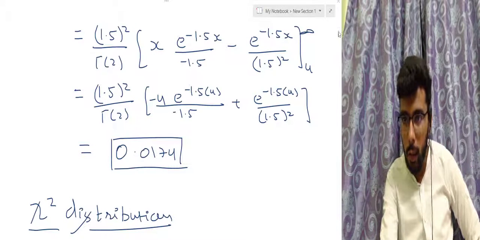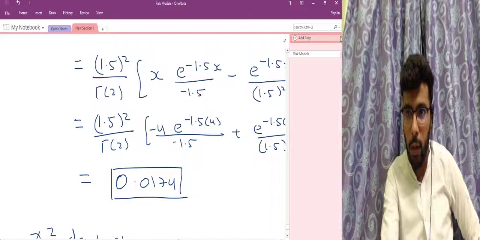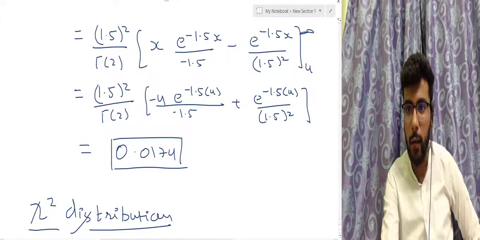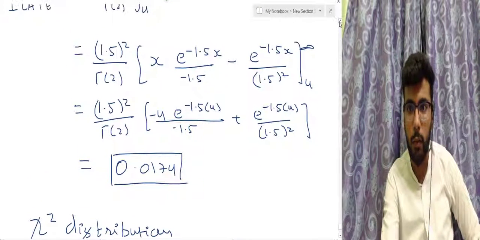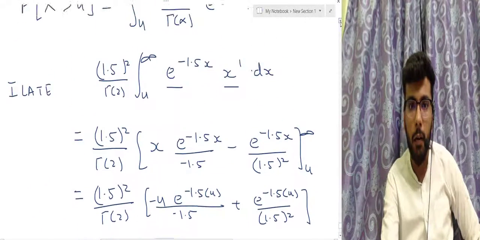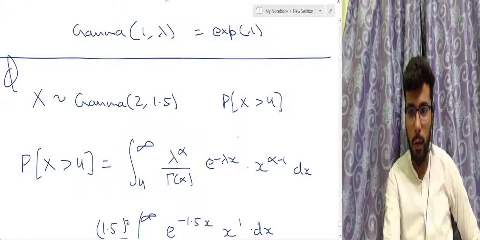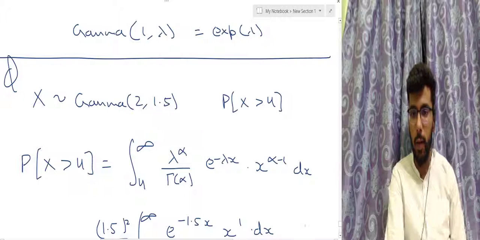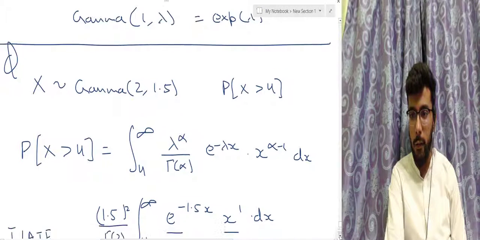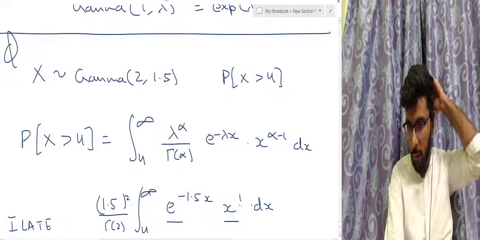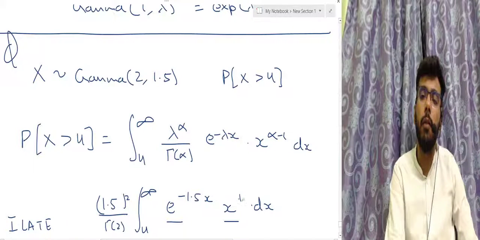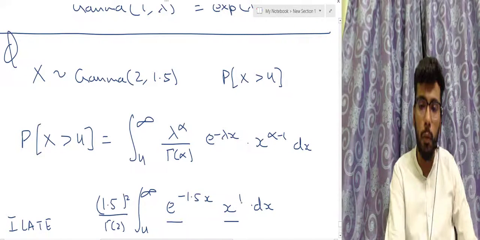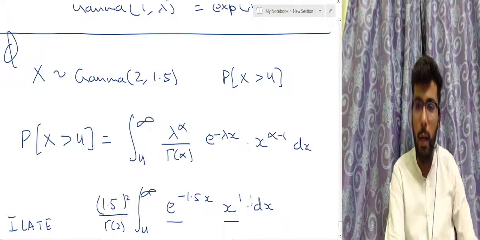Now one important thing to appreciate here is the fact that we could solve the question we just solved because the value of alpha was sufficiently small. See, alpha minus 1 goes in the power of x here, and since alpha was 2, we had x to the power of 1. Now if you had x to the power of 2 instead of 1, then you would have to apply integration by parts twice.